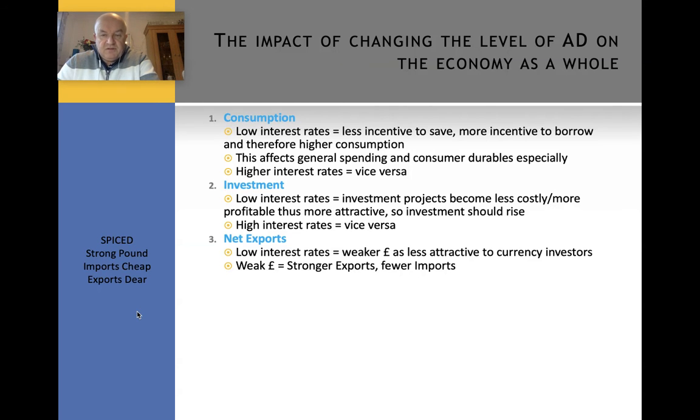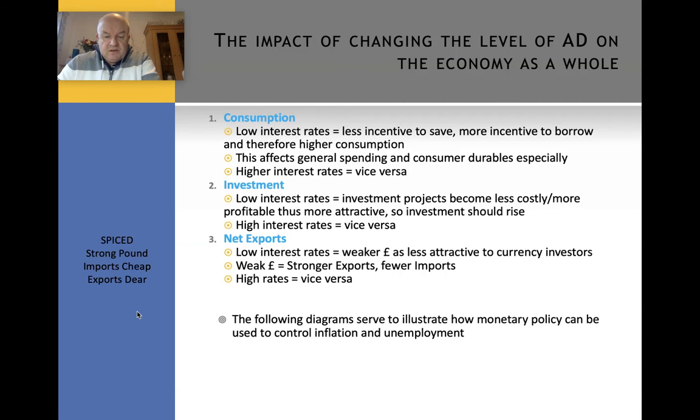But even so, the difference between the two figures can be significantly changed by the level of interest rates and exchange rates and how they're affected. And again, same principle: if we have high rates, the opposite applies. Exactly like we said, the SPICed principle: stronger pound, imports cheaper, exports dearer.